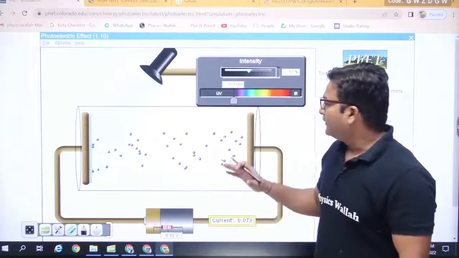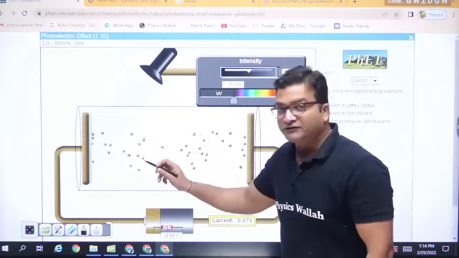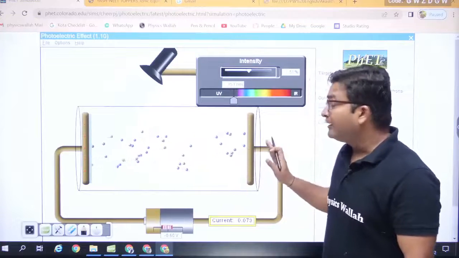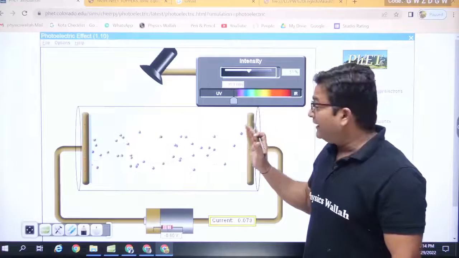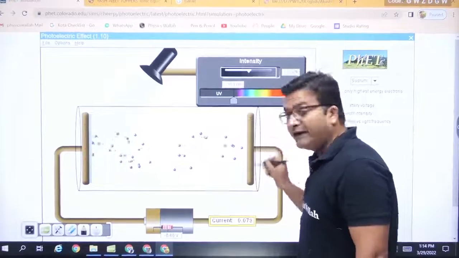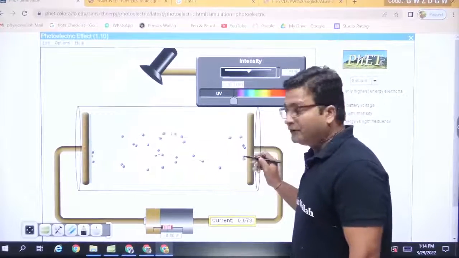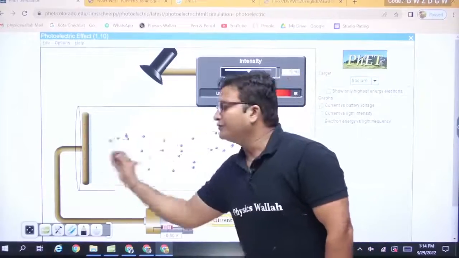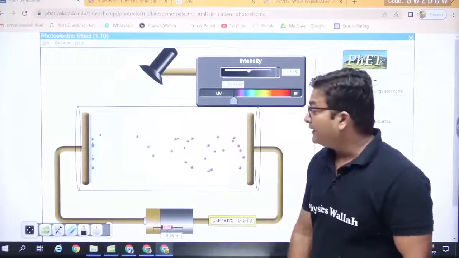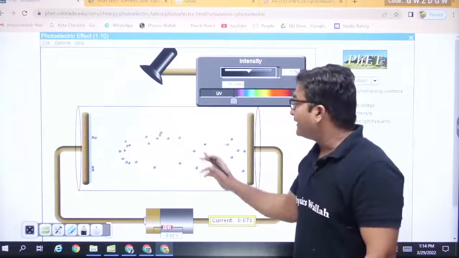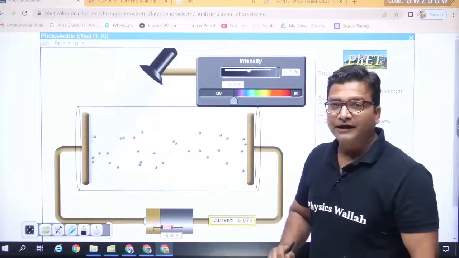Now you see few electrons which are fast enough are moving towards right and reaching anode, but electrons which are slow are repelled by the negative potential of anode, and they come to some point and return back to cathode. But the electrons which are fast, which have more kinetic energy, are able to reach anode.